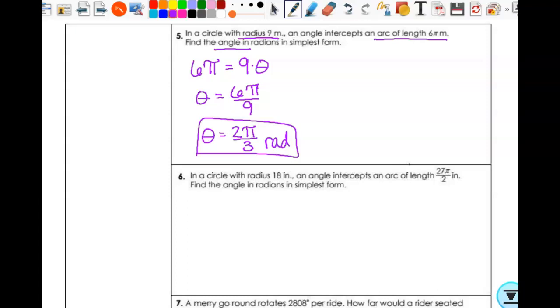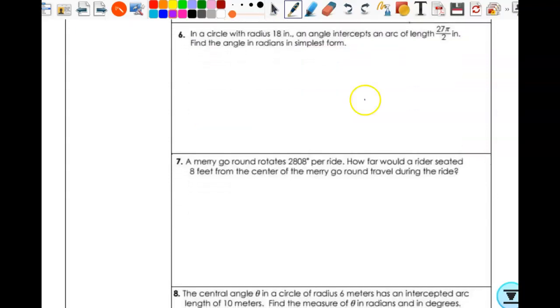All right, so the next one says, in a circle with radius 18 inches, an angle intercepts an arc length of 27 pi over 2. Find the angle. So same kind of question, but there's a reason I'm doing this one too. The arc length is 27 pi over 2, and that equals the radius, which is 18, times the angle that we don't know.